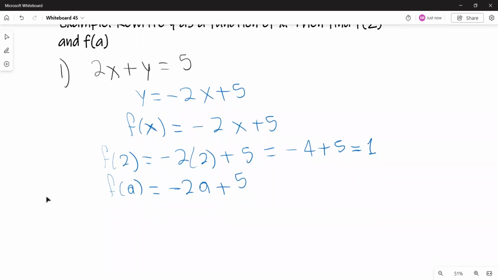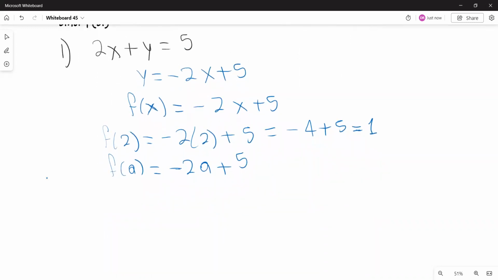And part B, we're doing the same thing. We're rewriting this equation as a function y of x, as a function f of x. And we're going to evaluate f of 2 and f of a. Okay, so we need to solve for y.